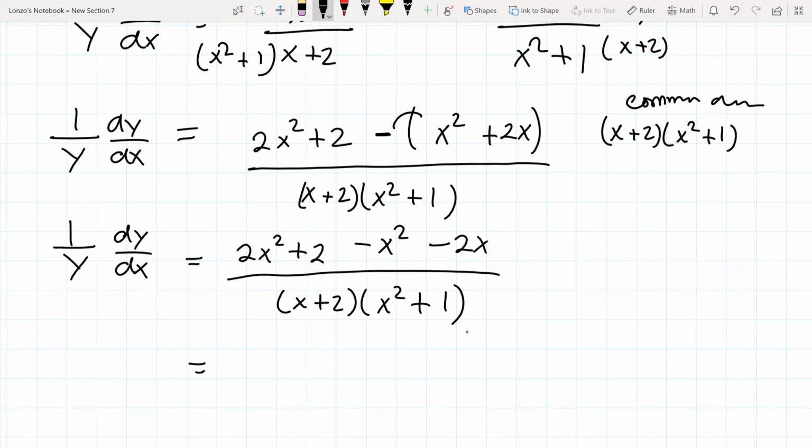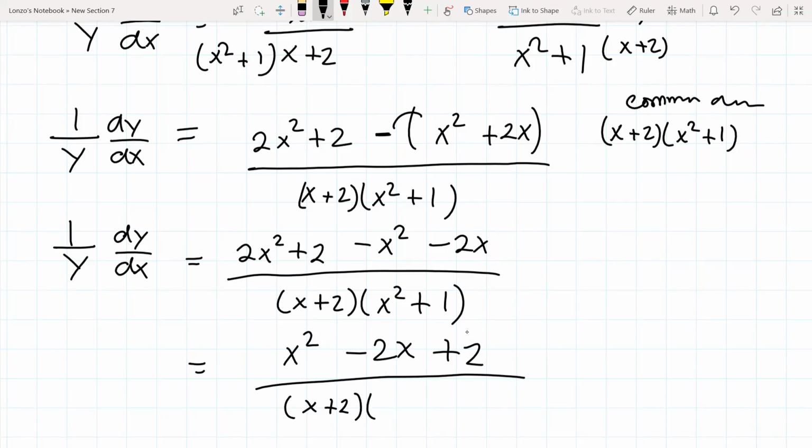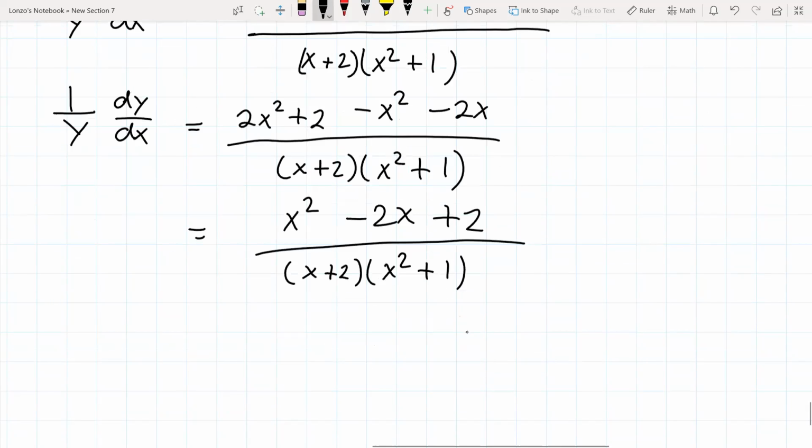And then simplify the numerators. So we have 2x squared minus 1x squared, that's x squared. Then you have minus 2x plus 2, over x plus 2 times x squared plus 1. You can't factor x squared minus 2x plus 2, so we'll just have to leave it like that.